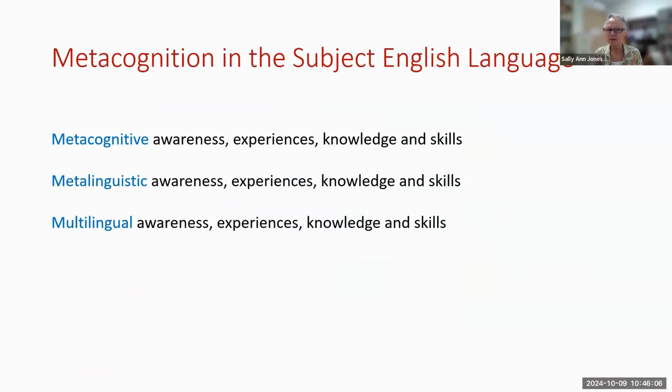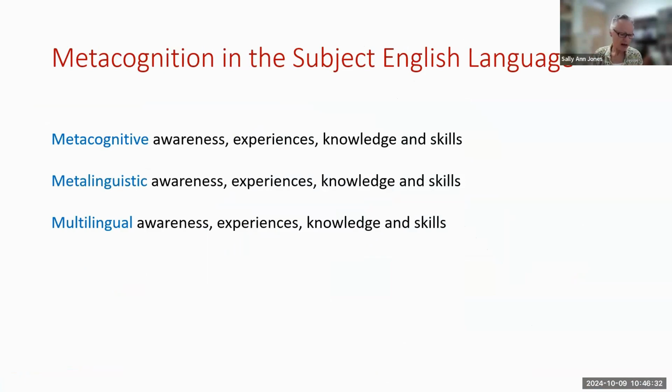So I arrive at metacognition in the subject English language. And we have the broad idea of metacognitive awareness from cognitive psychology. We also have the more specific idea of metalinguistic awareness from English language. So awareness of language.